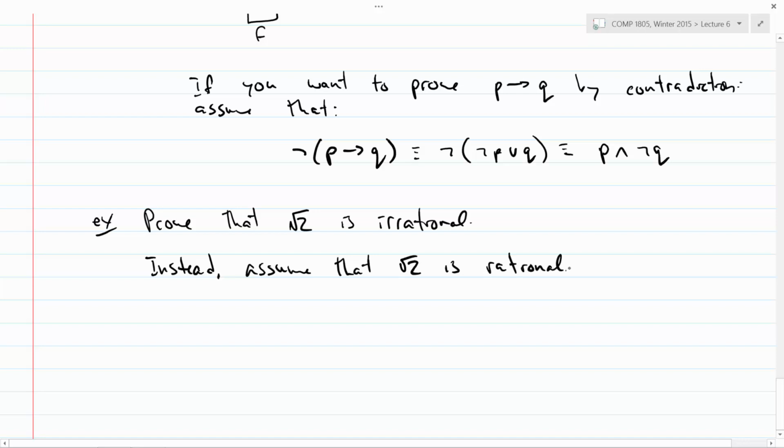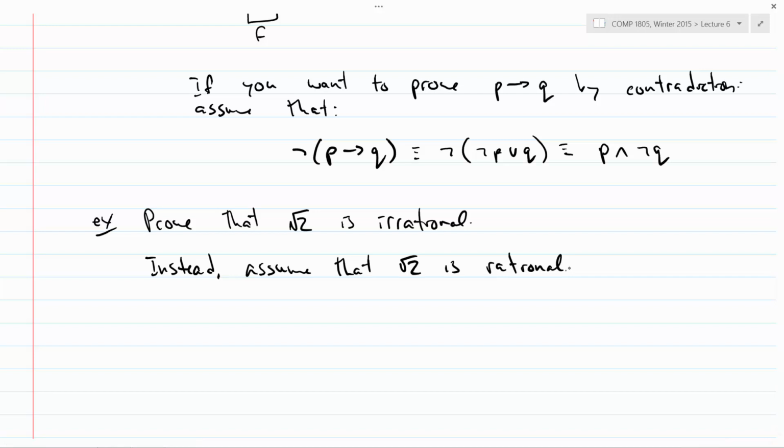And now we're going to do a bunch of steps to try to arrive at some kind of contradiction. Something like 1 equals 0. And if we can do that, and we know that all of the steps we made were valid, then the only conclusion we can draw from that is the assumption we made must be wrong. That's the only thing that could have gone wrong.